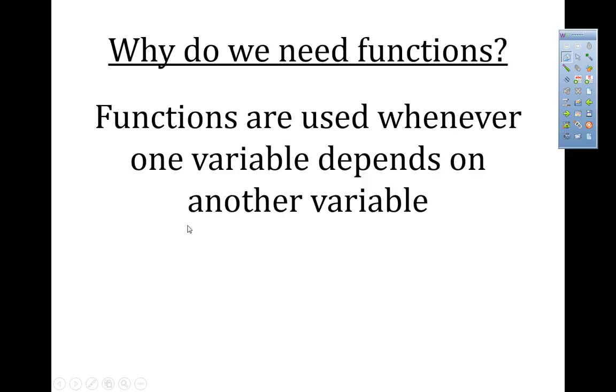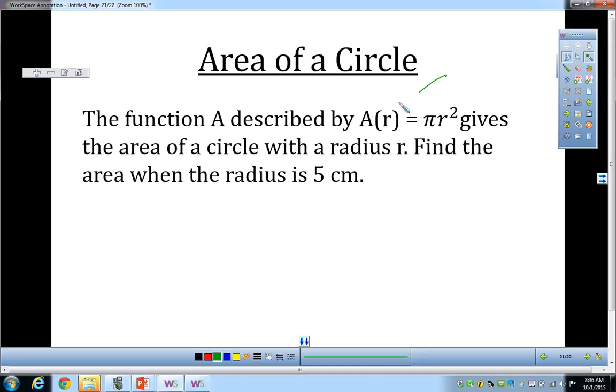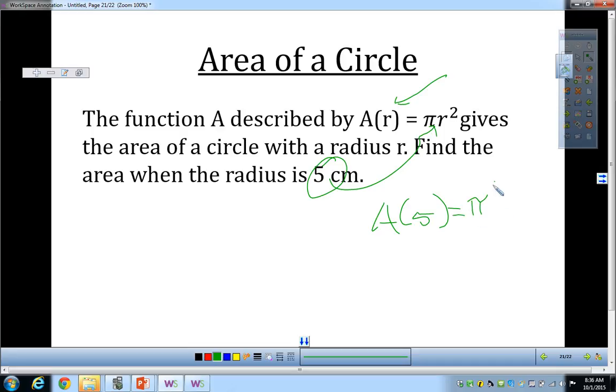So anyway, area of a circle is an example of a function. A of r means the area is a function of the radius. If I were to plug in a 5 in here, I would get A of 5 is equal to pi times 5 squared, which means that the area of a circle of radius 5 is going to be 25 times pi.